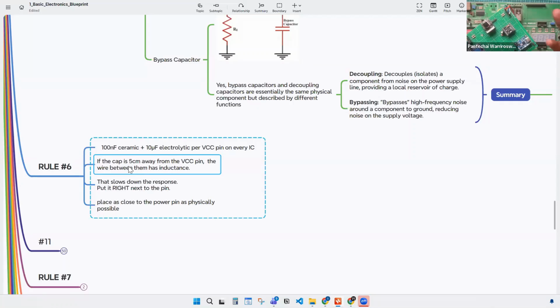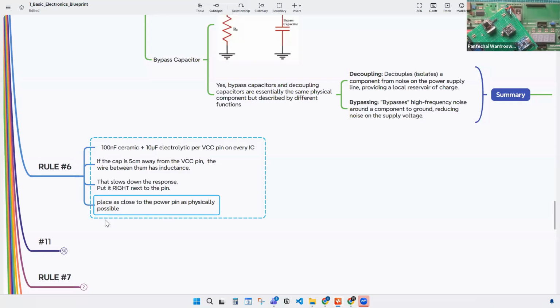If you want to handle that kind of charging and discharging at a very fast rate, you have to put this capacitor circuit as close to the load as possible. So the very important key term is: place it as close to the power pin as physically possible, so that we can solve that kind of problem.